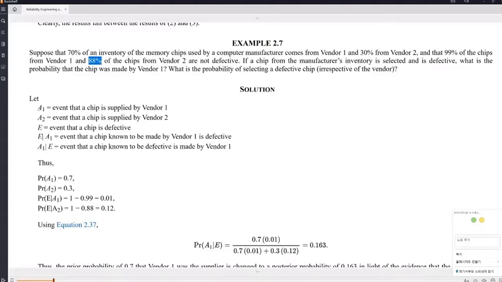So A1 indicates the event that the chip was supplied by vendor 1. A2, the chip was supplied by vendor 2. And this E event indicates that the chip has some defect.